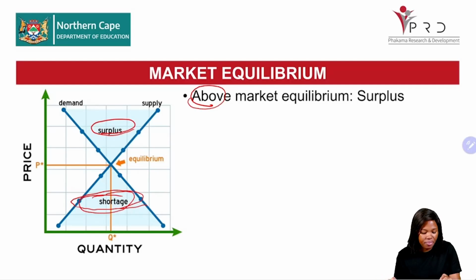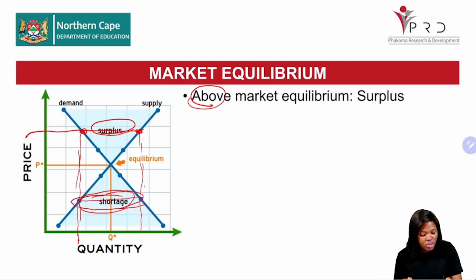How do you know that? This graph represents the supply, this one represents the demand. At the same price, these ones will demand less, these ones will supply more because the price is high.